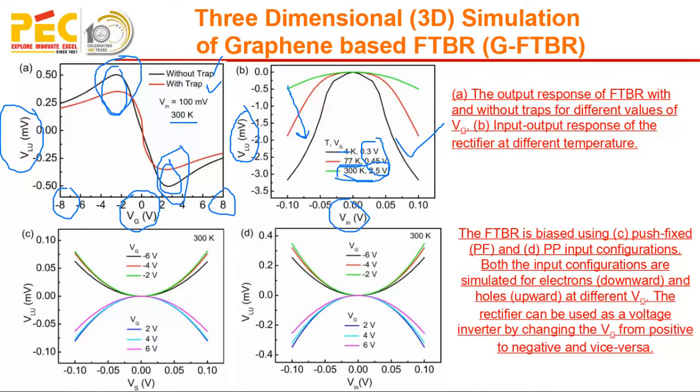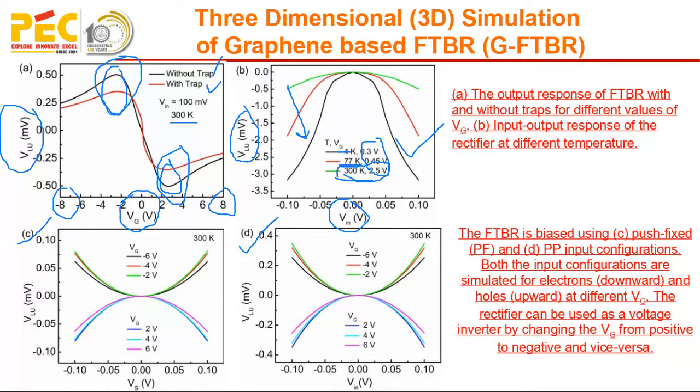So next is the response plotted for the push-pull and push-fixed response. Figure C is the push-fixed response, and figure D is the push-pull response. Push-fixed is where we apply the potential difference at one of the input terminals, keeping the other terminal as ground. And push-pull response is where Vs is equal to minus Vd, equal to 0.1 volt.